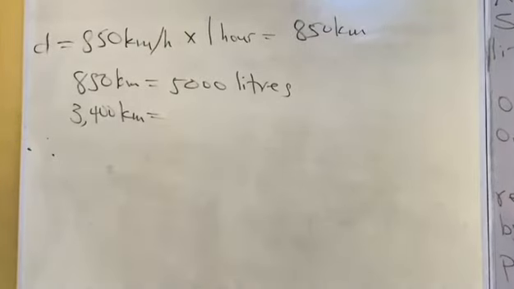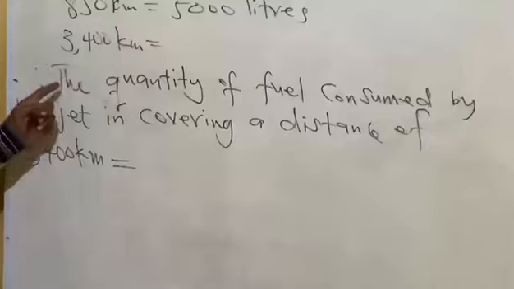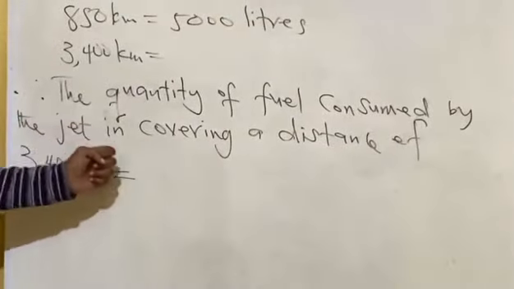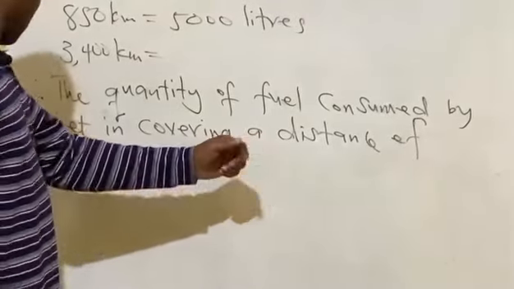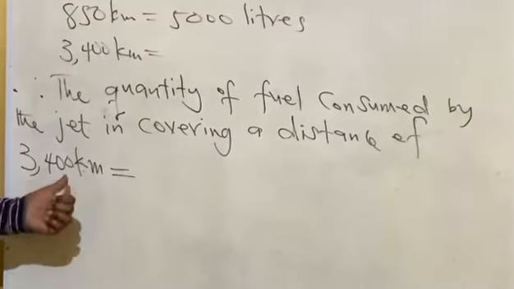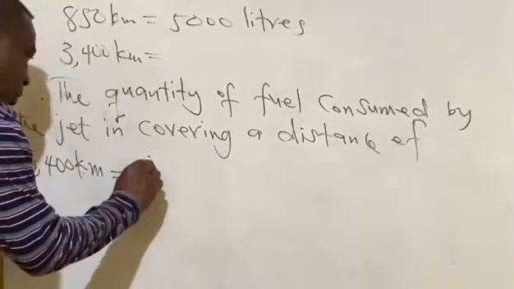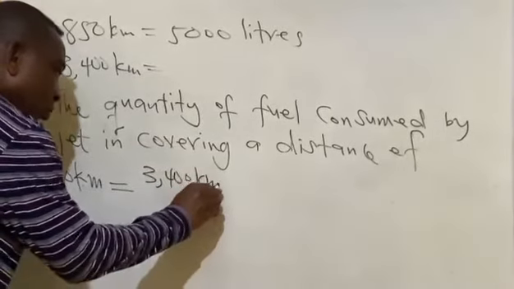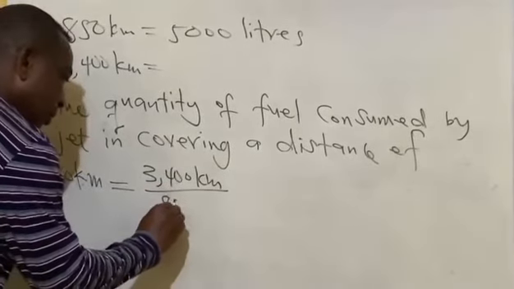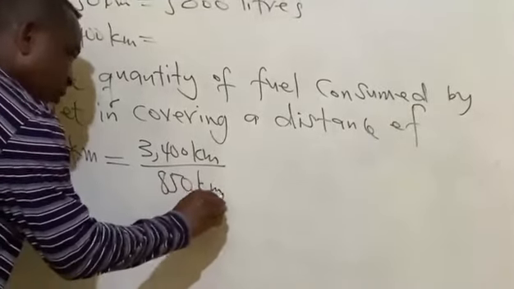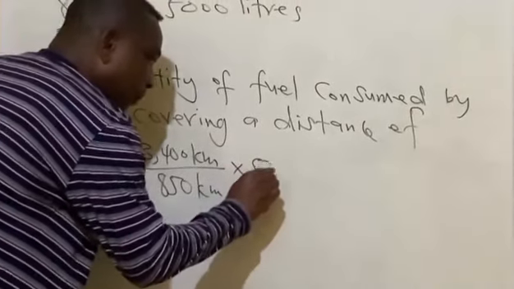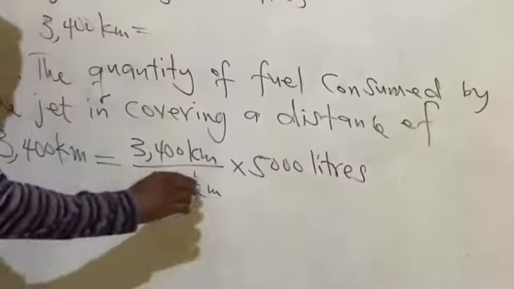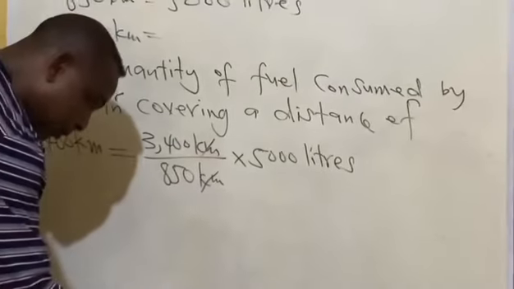Therefore, the quantity of fuel consumed by the jet in covering a distance of 3,400 kilometers is equal to 3,400 kilometers over 850 kilometers times 5,000 liters. Kilometers cancels kilometers.